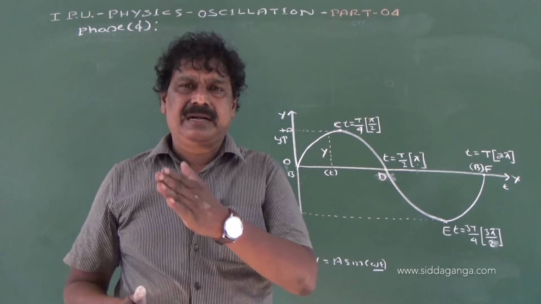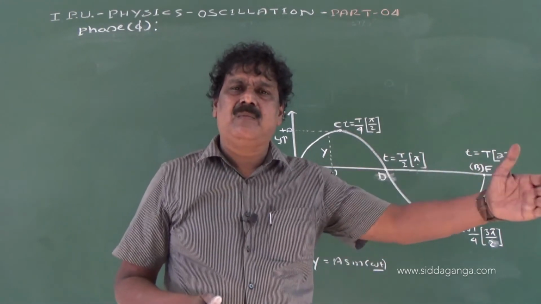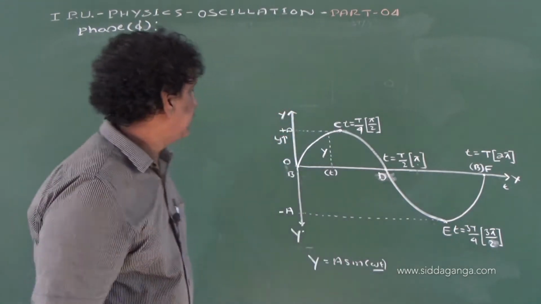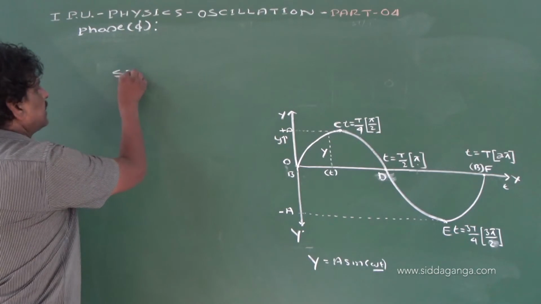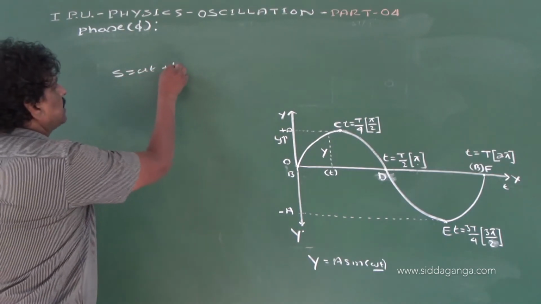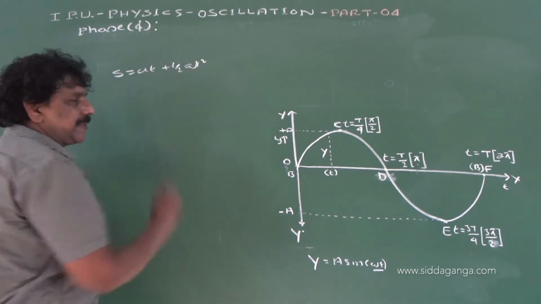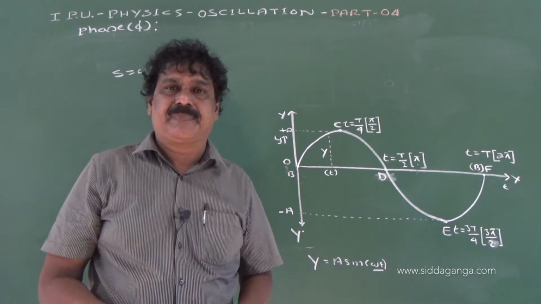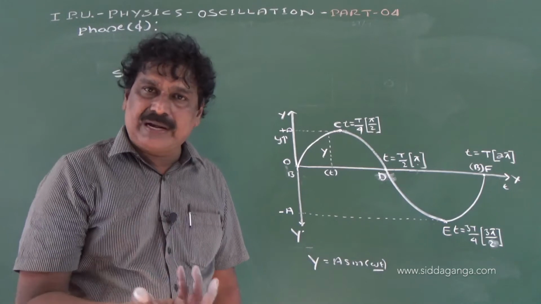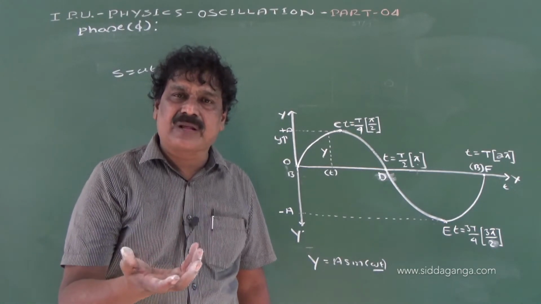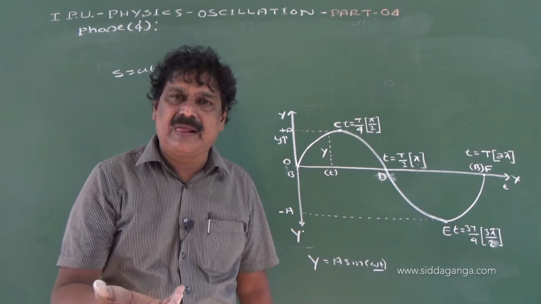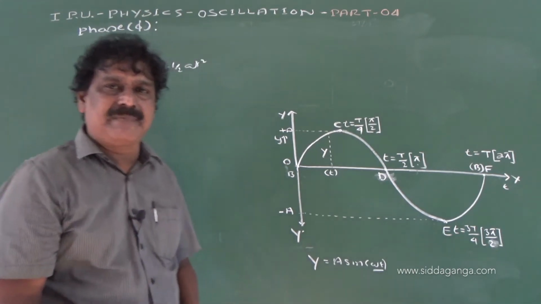What is the displacement of a particle moving along a straight line at any instant of time t? That is given by s is equal to ut plus half at square. Now the state of rotation: when a body is rotating, the state of rotation represents the angular displacement of the body at any instant of time t.